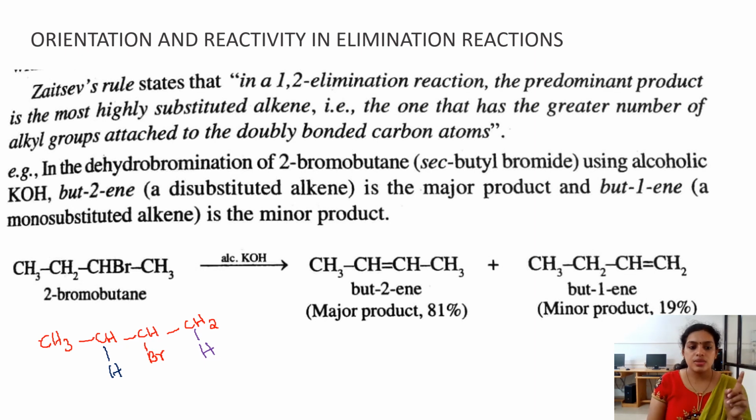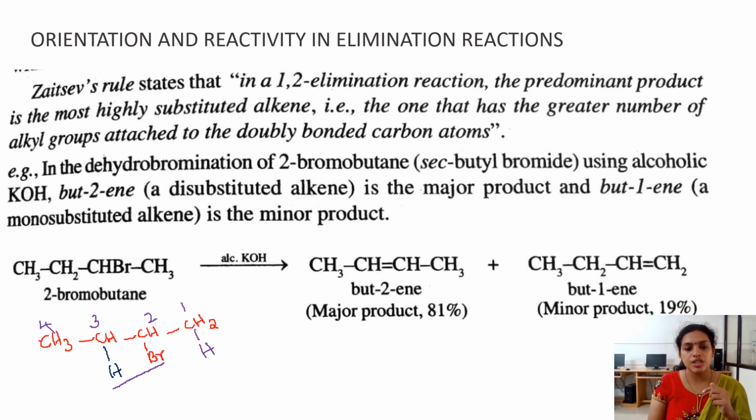Here, suppose the elimination takes place from these two carbon atoms, the product will be 2-butene. That means the double bond is formed between the second and third carbon atoms.